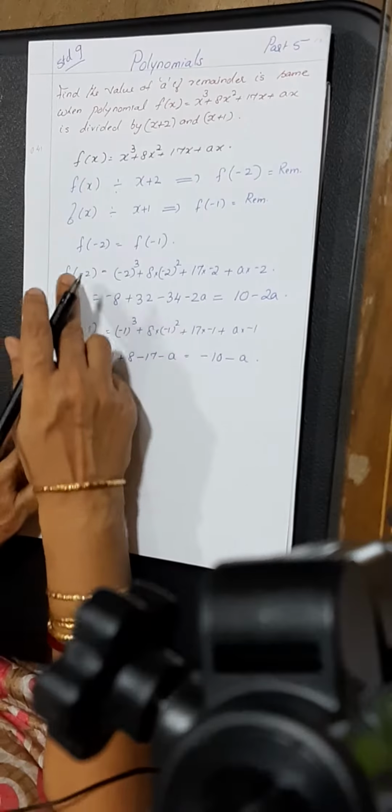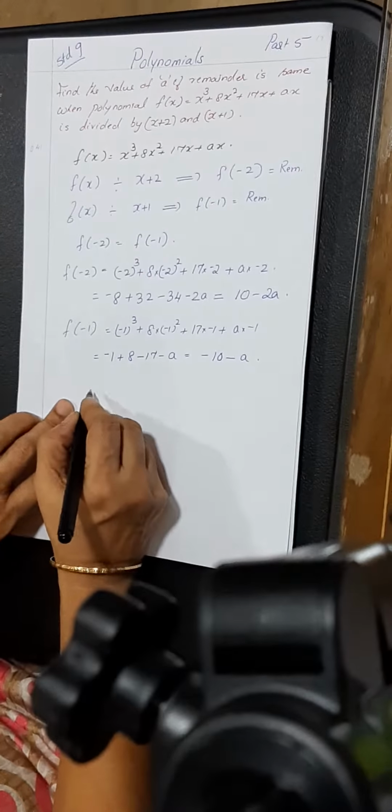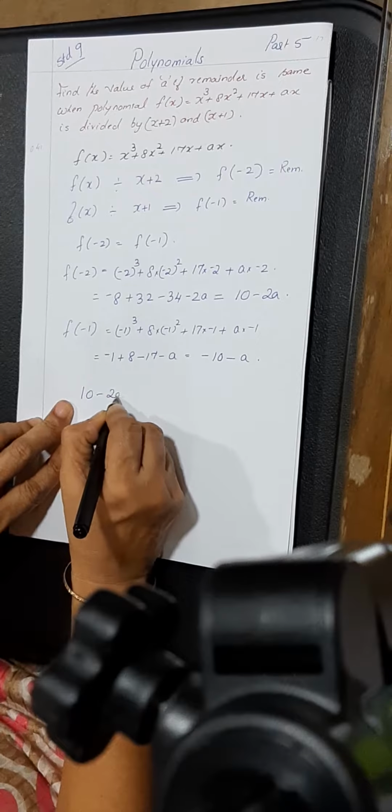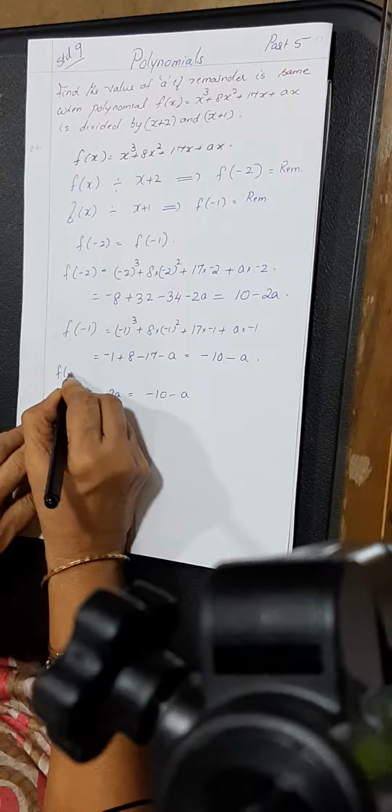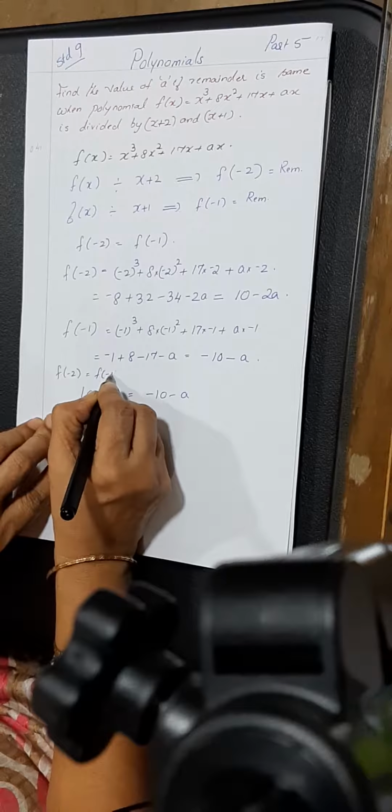Now, we can equate f of minus 2 and f of minus 1. So, we can write minus 10 minus 2a is equal to minus 10 minus a, because f of minus 2 is equal to f of minus 1.